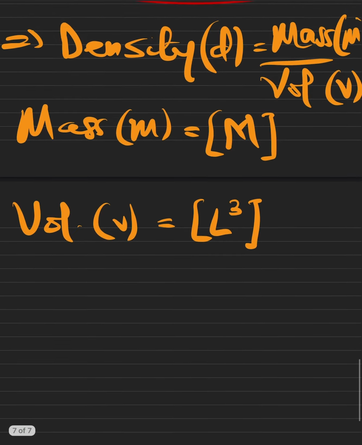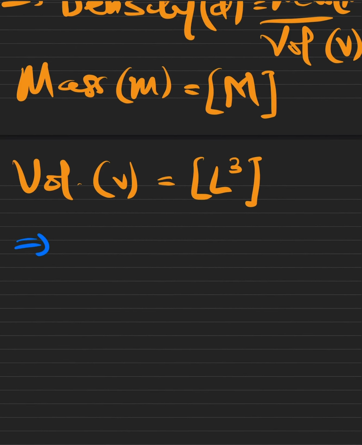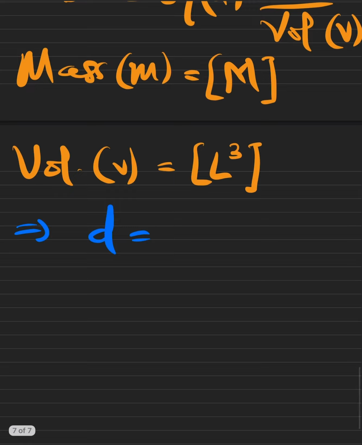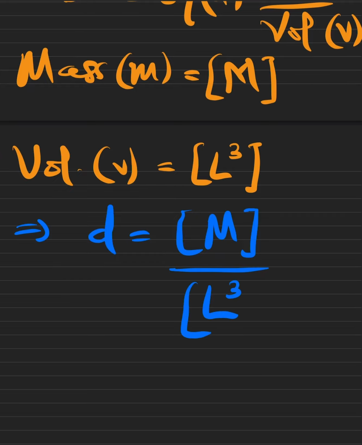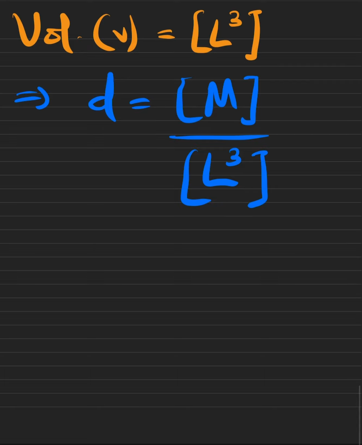If you put these two together, you also have the density D. You put the mass there over the volume. That's going to give us M all over L cubed. But you can move this up to make it linear. Therefore, D gives us M L raised to power minus 3, because when the L cube goes up, it becomes a negative.